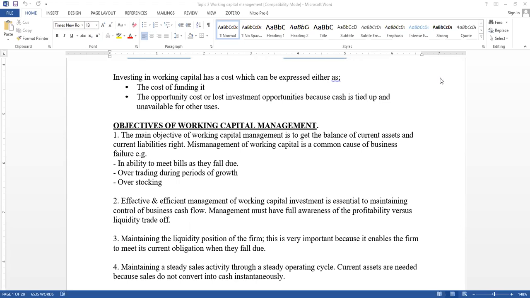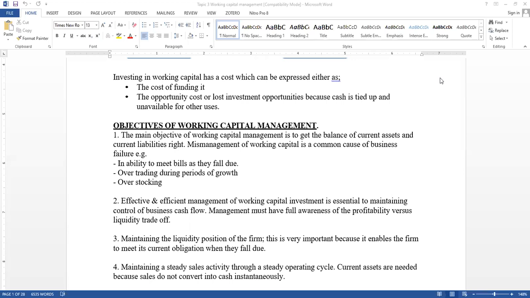But if you find that it goes beyond 12 months, then it is no longer current, but becomes what? In other words, you enter into an obligation which is for 3 years. That is not a current liability, but it is a long-term liability.